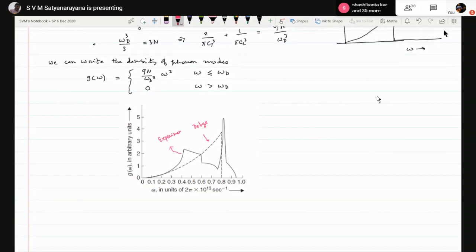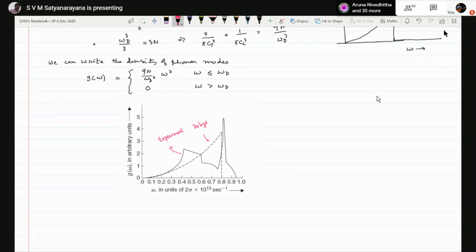So you can see that the theory is not quite right, or whatever Debye assumed is not quite right. At very low frequencies it is okay, but after that there are deviations. Not only deviations, but there are important sharp changes. These are called non-differentiabilities, that means this curve is not differentiable everywhere.